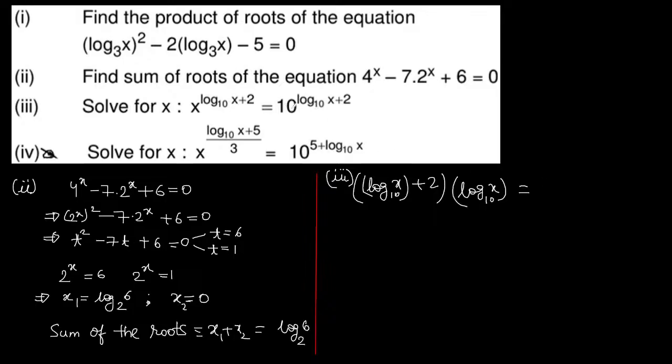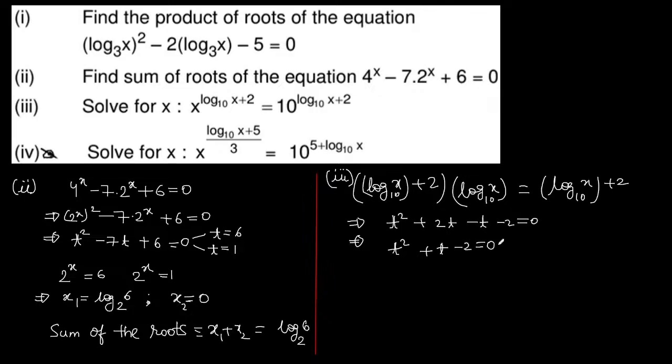And here log 10 base 10 is 1, so we will get log x base 10 plus 2. Now we have a quadratic, we can solve the quadratic. Can't we solve it? T square plus 2t minus t minus 2 equal to 0. We have t square plus t minus 2 equal to 0.